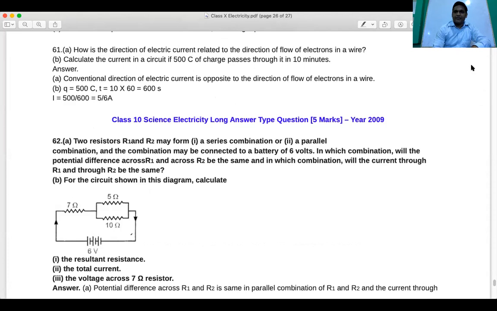This question is saying that two resistors R1 and R2 may form a series combination or a parallel combination, and the combination may be connected to a battery of 6 volts. In which combination will the potential difference across R1 and R2 be the same? Let me know.